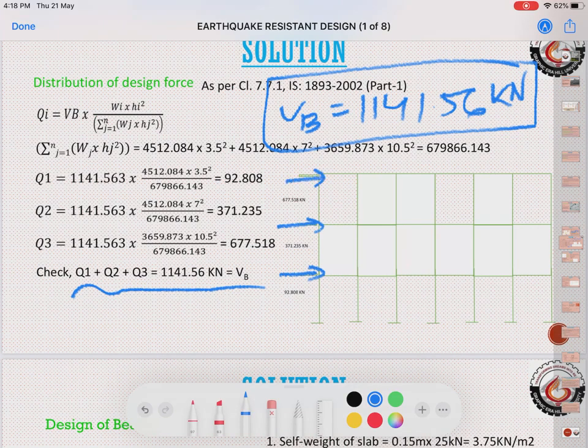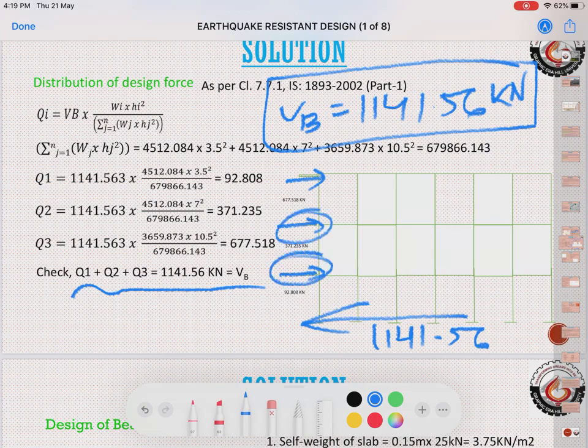So how is this much lateral horizontal seismic force distributed on the first floor, second floor, third floor? Because this is the value of shear at the base. At the base, if we calculate the shear in this direction, there will be 1141.56. How will it become 1141.56?